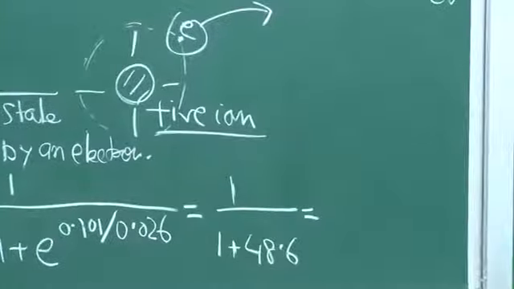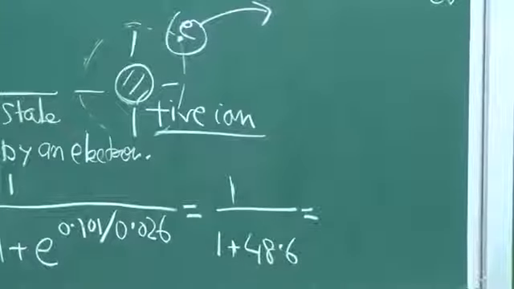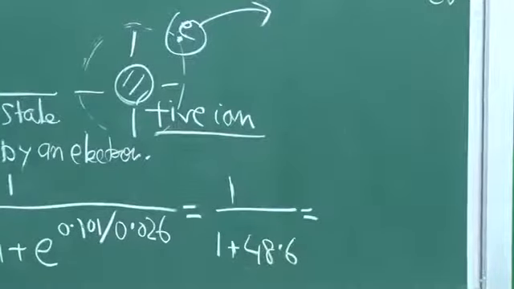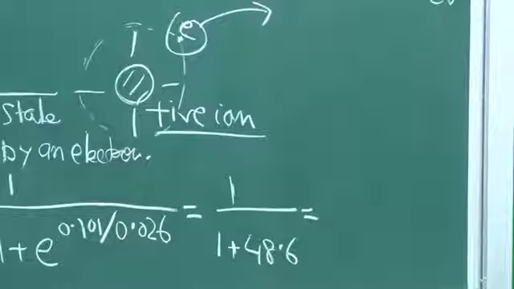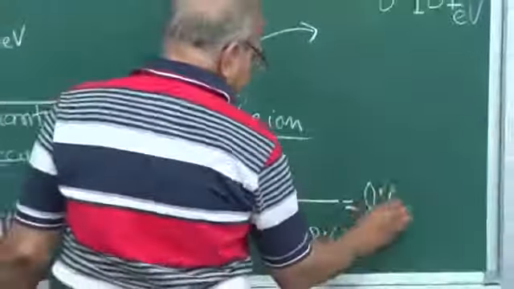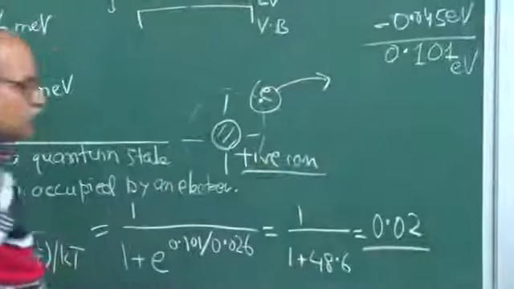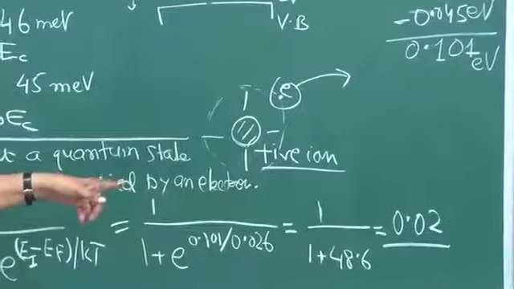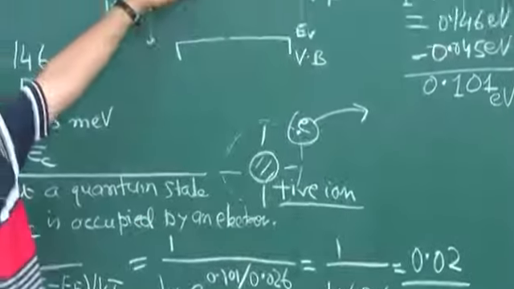But still let me do that. 1 divided by 49.6 equals 0.0201, so almost 0.02. This is the probability of one quantum state being filled here.